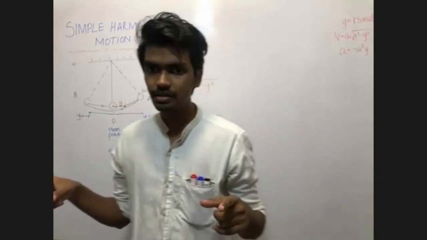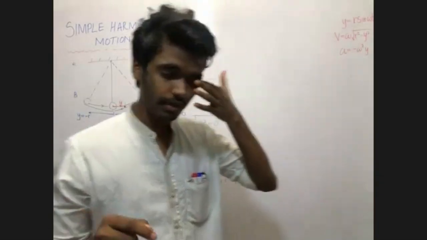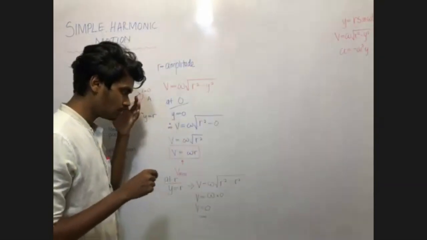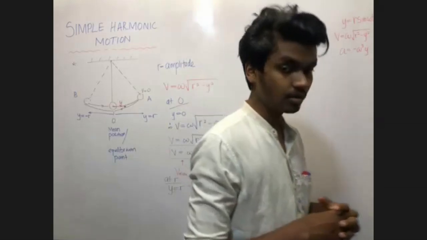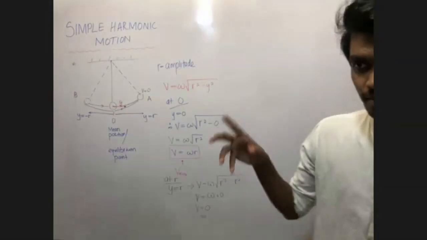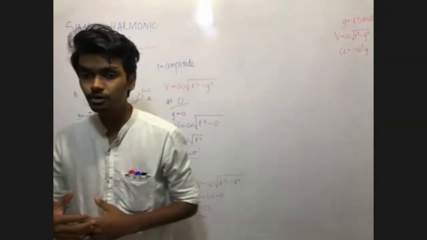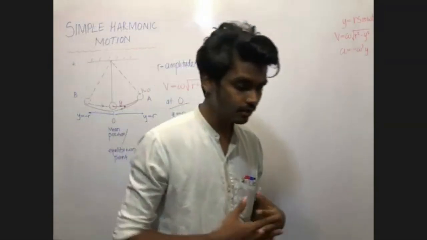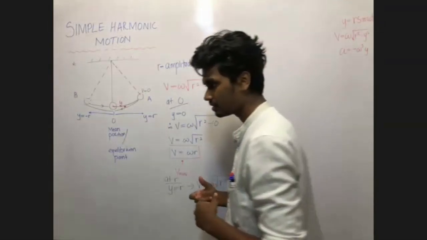Write down within bracket V max is equal to omega r.